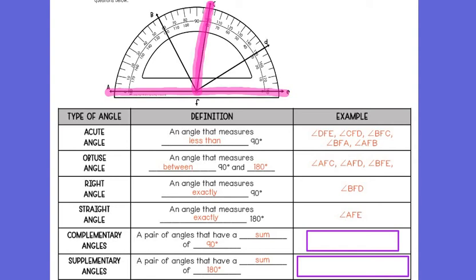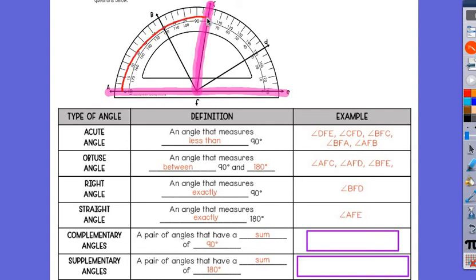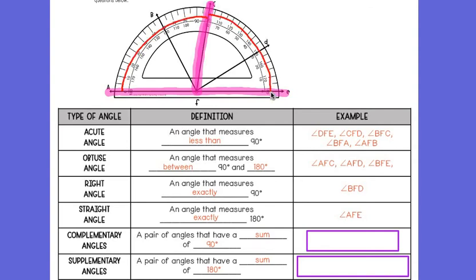Do those two form a straight line? Does this one and this one make 180 degrees? No. Wait, yes they do. My bad. So I have AFC and angle CFE.